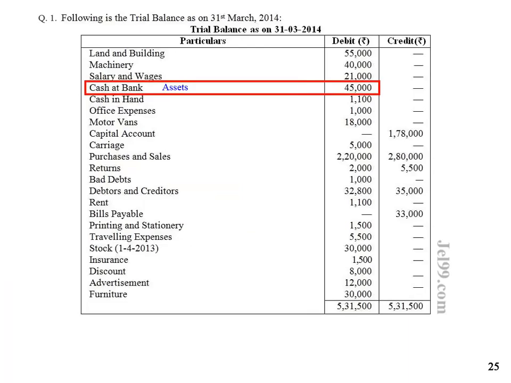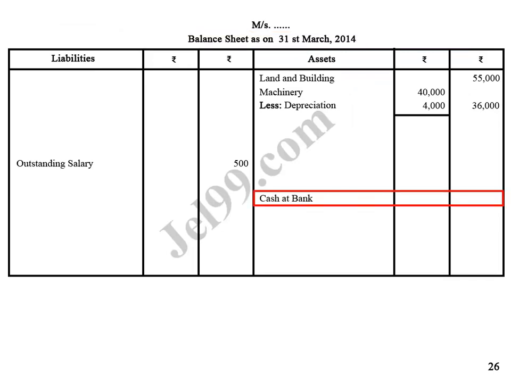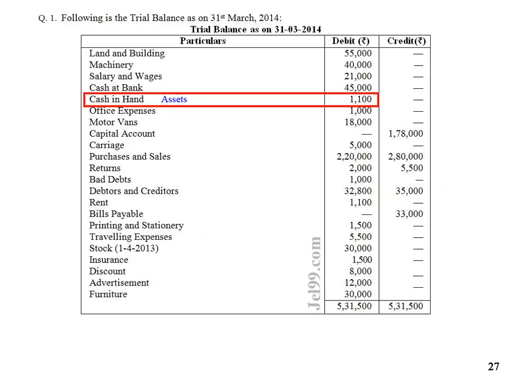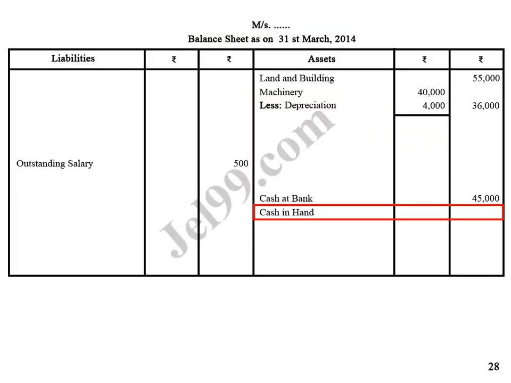Next entry, cash at bank rupees 45,000, it is shown in balance sheet, assets side, cash at bank rupees 45,000. Next entry, cash in hand rupees 1,100, it is shown in balance sheet, assets side, cash in hand rupees 1,100.